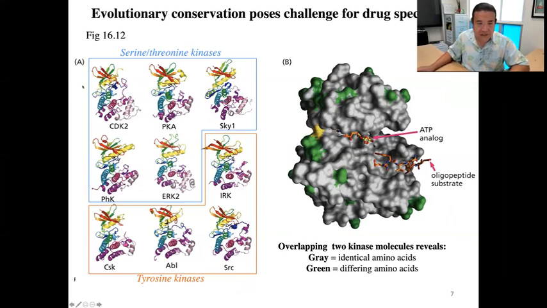In blue are serine threonine kinases, some examples of them. Remember, like 99.9% or whatever of kinase activity in the cell involves phosphates being transferred onto serine and threonine.